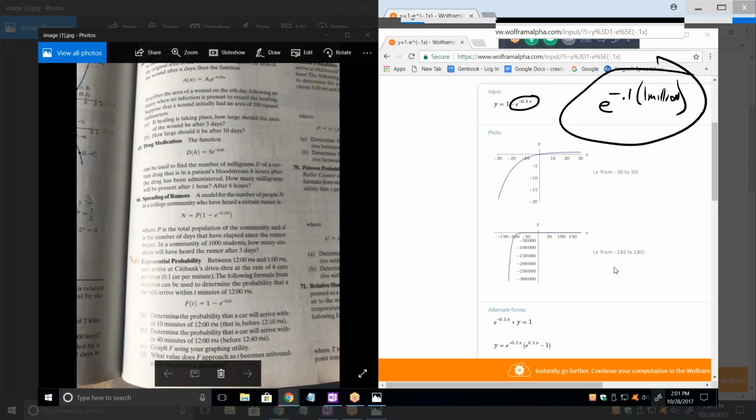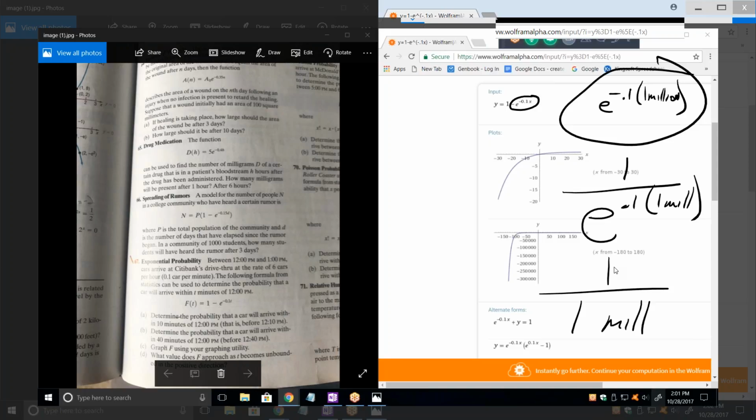That's the same thing as 1 over e to the 0.1 times a million, which is 1 over a very big number. So it's like 1 over a million. Well, that gets very, very tiny. That's 0.0000001. Okay?